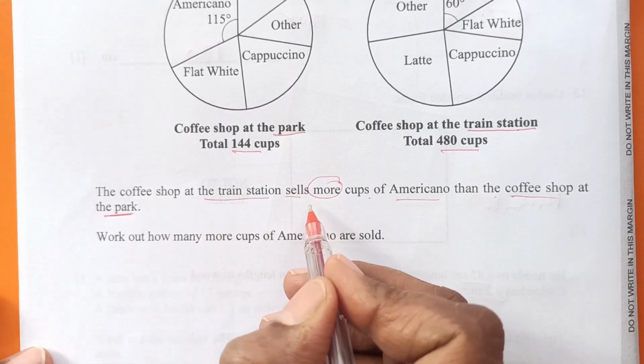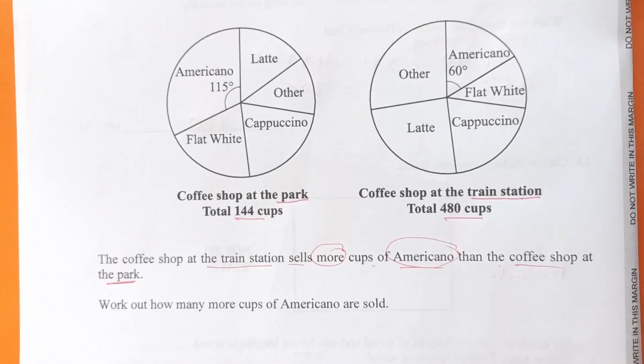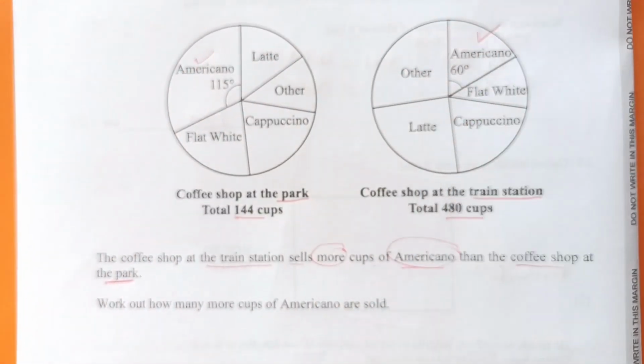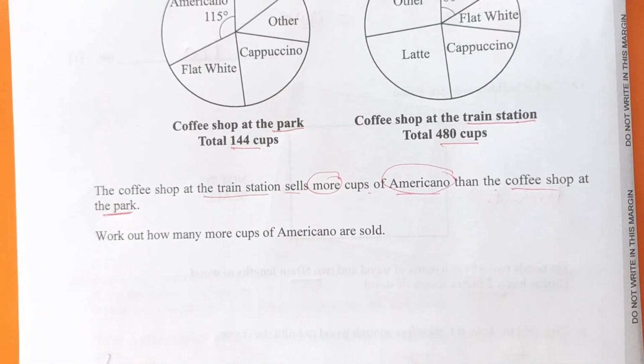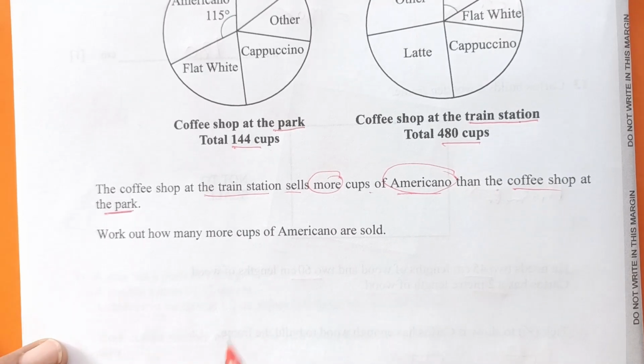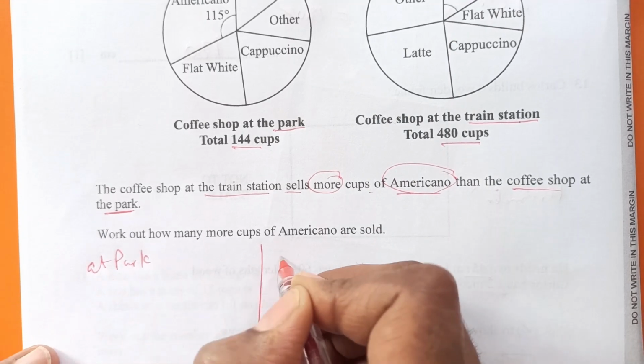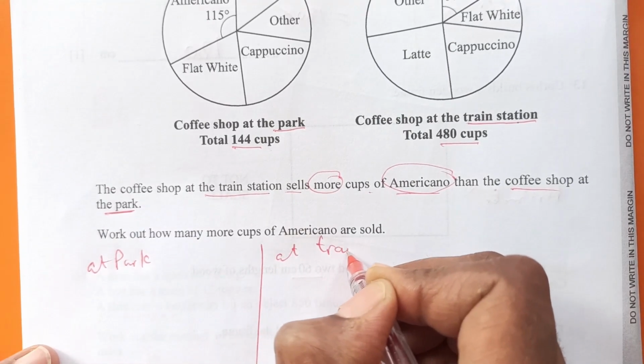So we have to compare this Americano. Americano is here, this one and this side here. The question is, work out how many more cups of Americano are sold. So we can do the working separately. This is at the park, this is at the train station.